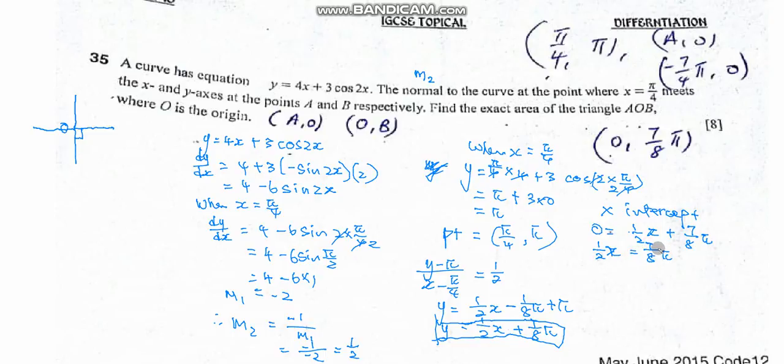Bring the 2 over, so x becomes minus 7 over 4 pi.